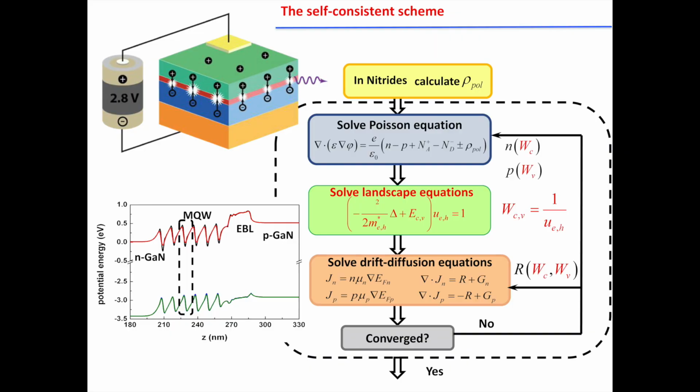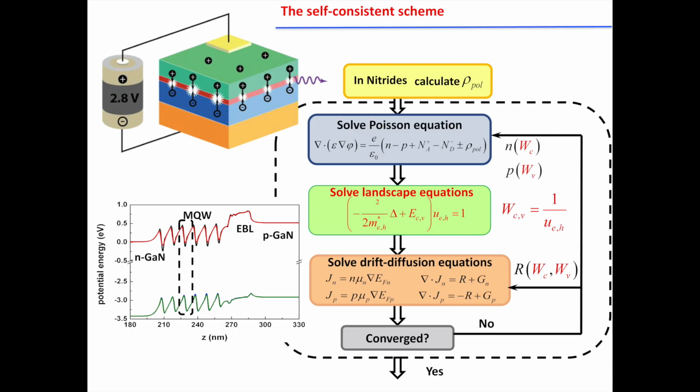Now, just to give you a taste of what we are doing, we inject electrons and they will transport over barriers. They will move in the plane because in the plane we have disorder. To do the full computation of such a device, we first have to compute the electric fields, the polarization charges in these materials.